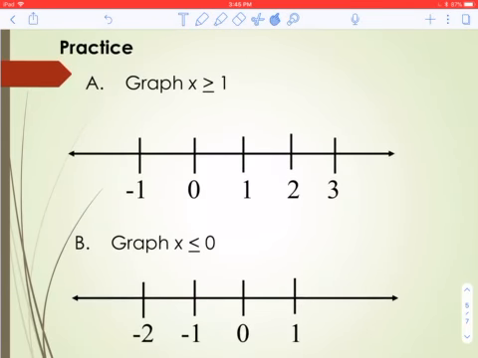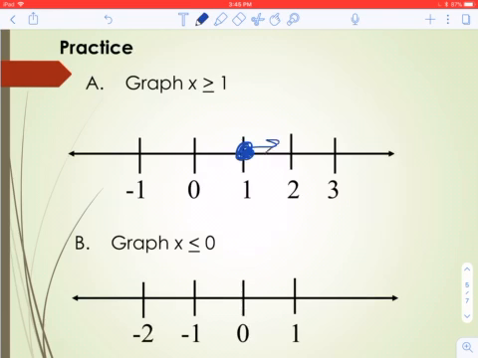So these are two practice problems for you. On the first one, first of all, you need to decide, is this going to be an open circle or a closed circle? It's going to be a closed circle at 1. And then you need to decide, should the arrow go toward the right or to the left? Should I be going toward the 2 or toward the 0? Since 2 is greater than 1, I go to the right toward the 2.